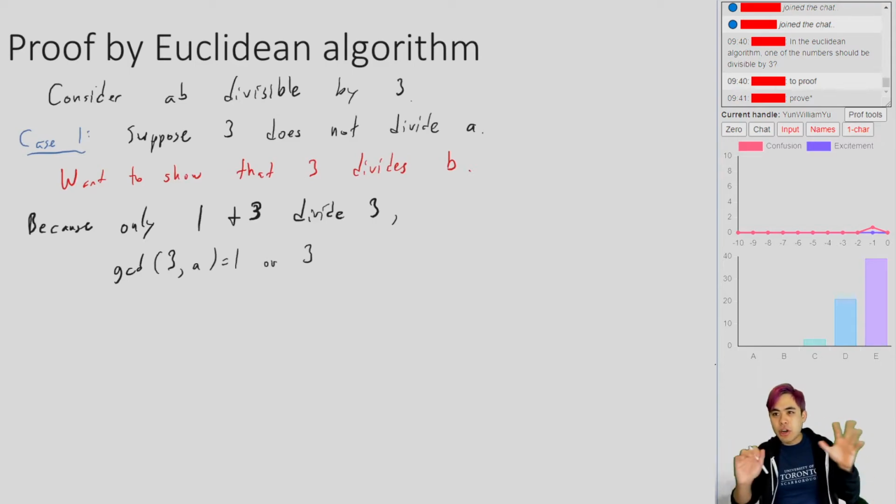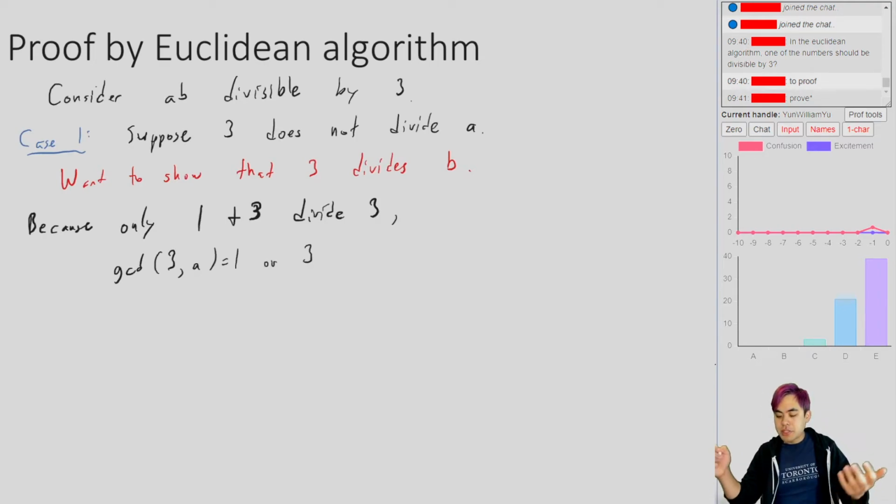We're just making an argument about divisors right now. The greatest common divisor has to be a divisor of both 3 and A, and 3 only has two different divisors, 1 and 3, and therefore the greatest common divisor of 3 and anything else has to be either 1 or 3.